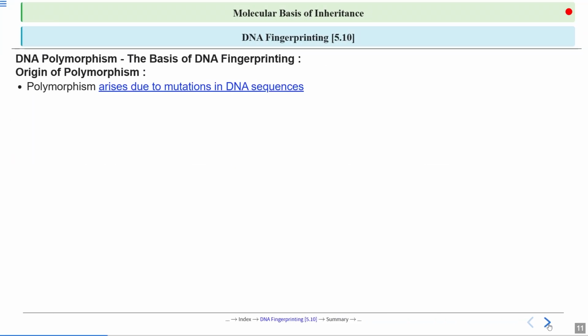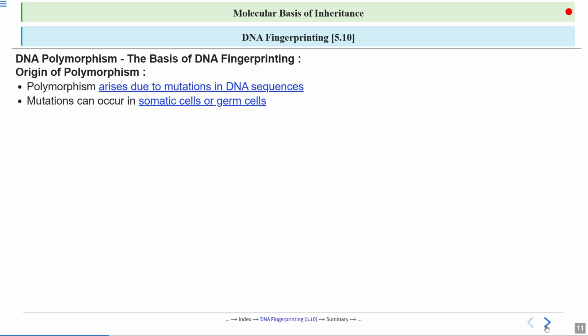Now, if we talk about the origin of polymorphism, we have talked about the basic points of polymorphism. Now understand what the origin of polymorphism is, and it may create more clarity on this topic. Polymorphism arises due to mutation in what? In the DNA sequence.